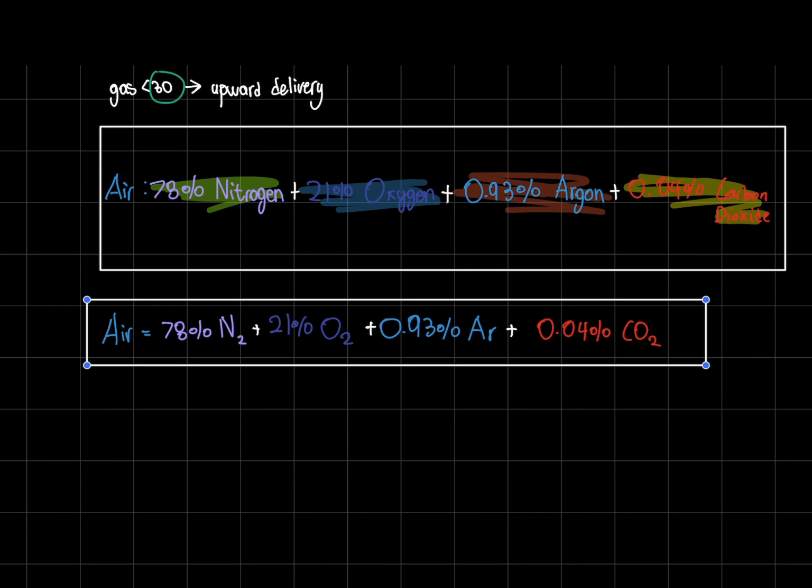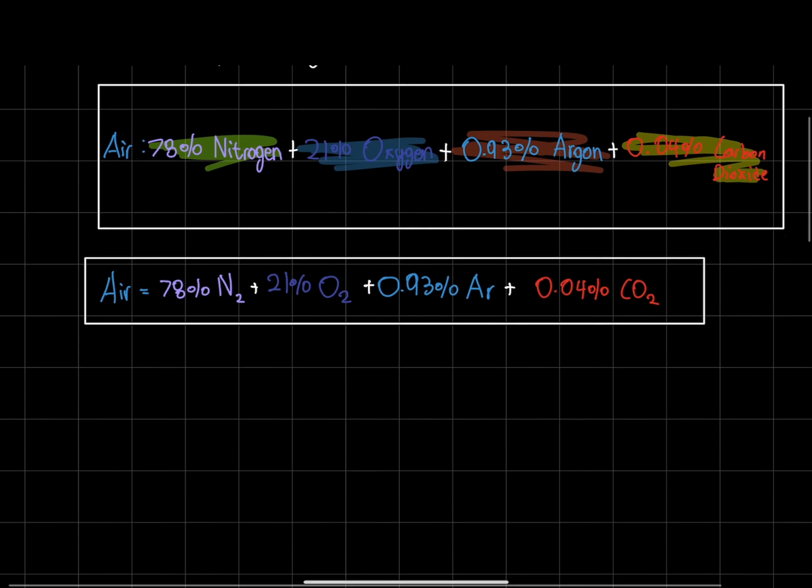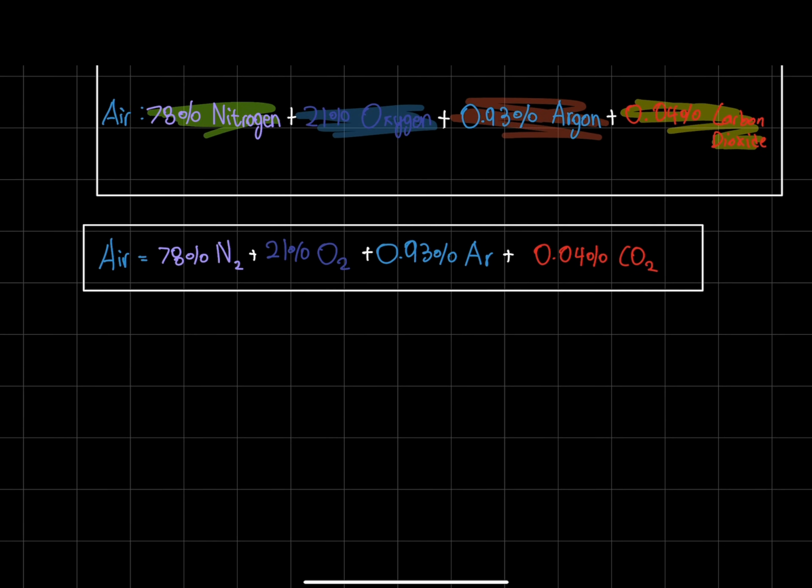So now we need to figure out the atomic masses of all these elements. Nitrogen has an atomic mass, or relative atomic mass, of 14. Oxygen has a mass of 16.